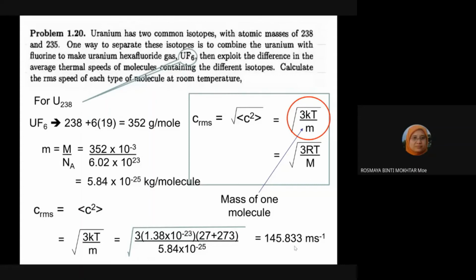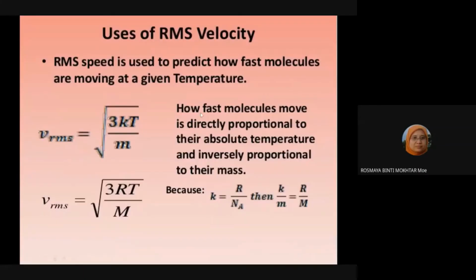So we can compare these two RMS speeds. One use of RMS speed is to predict how fast molecules are moving at a given temperature. Between uranium-238 and uranium-235, we can compare which one is faster.